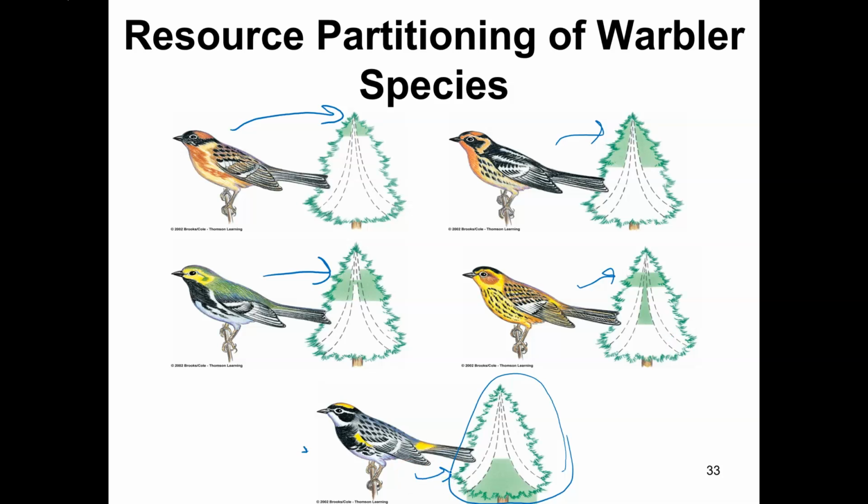And this partitions those resources. And so each of the warblers are still going to be able to get their nutrients that they need and get the home that they need, okay? Probably not nutrients, but more the houses, the environment for their habitat, okay?